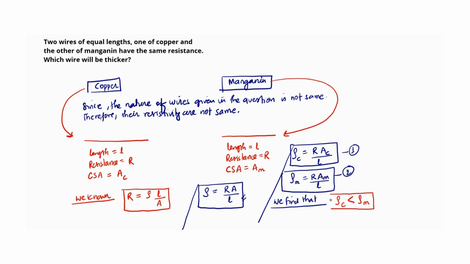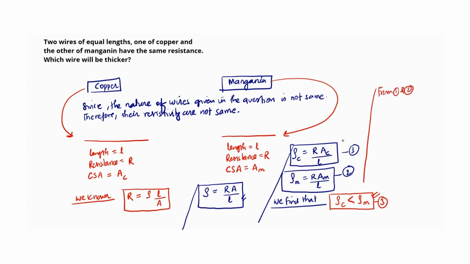So this is what we find on comparing the resistivity of copper with the resistivity of manganin. So we can write, let's call it relation 3.